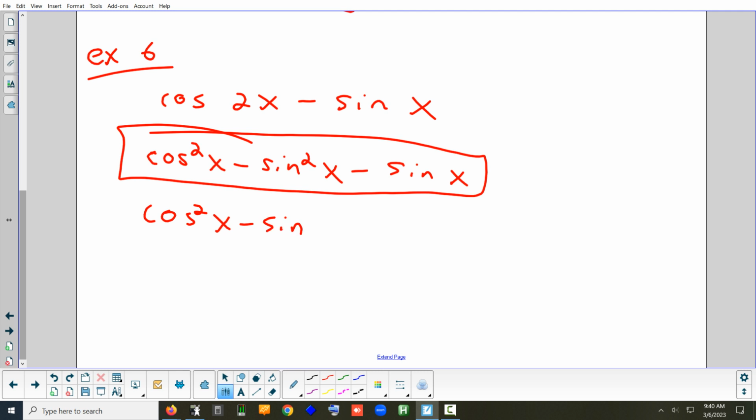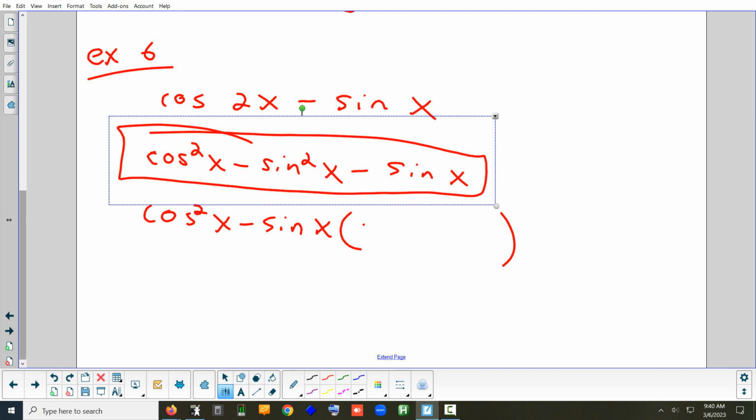They both have a negative. So I could take the negative and the sine and put that in front. And what would that leave me with? If I pull one copy of sine out from here, I'm still left with one copy. And if I pull one copy out from here, all I'm left with is a 1.